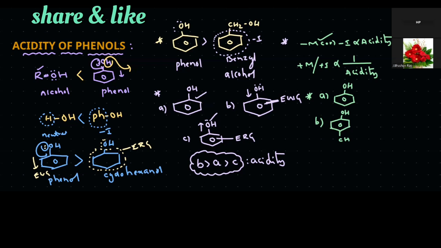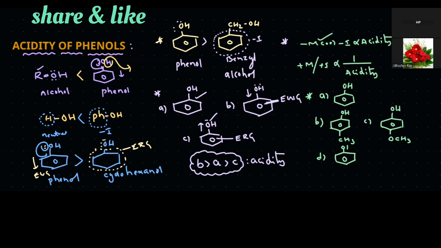The next, third compound, C, is the same phenol group only. Here, at the para position, one OCH3 group is attached. Next, D, one OH, here an NO2 group.